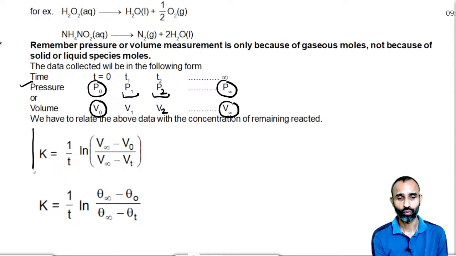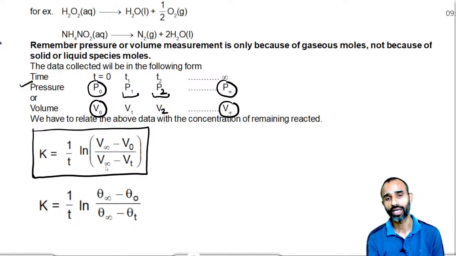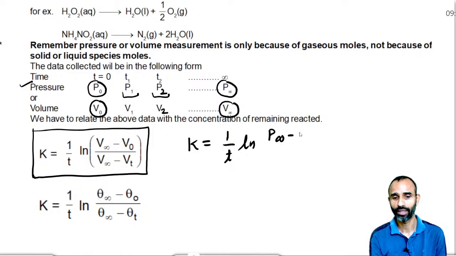So we will use the relation for volume as k equal to 1 upon t natural log of V infinity minus V naught divided by V infinity minus Vt. If pressure is there, k equal to 1 upon t natural log of P infinity minus P naught divided by P infinity minus Pt.